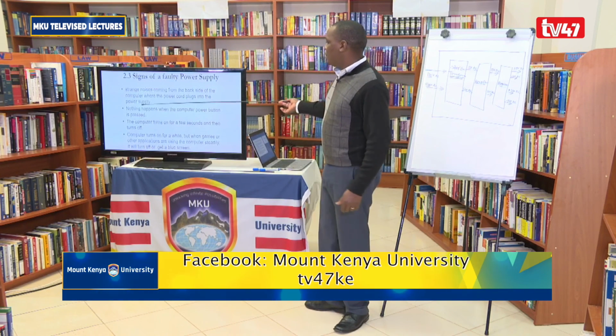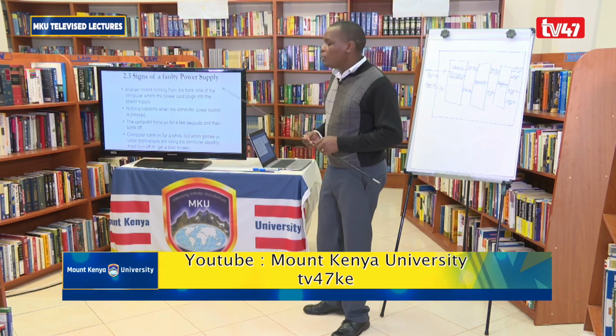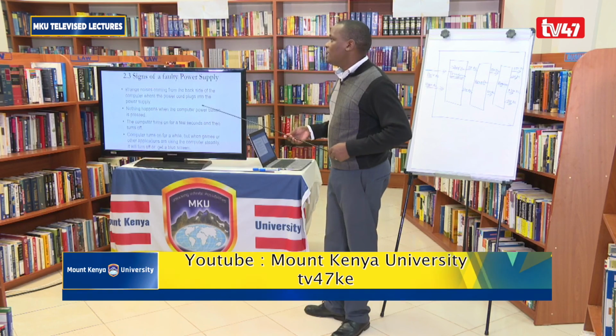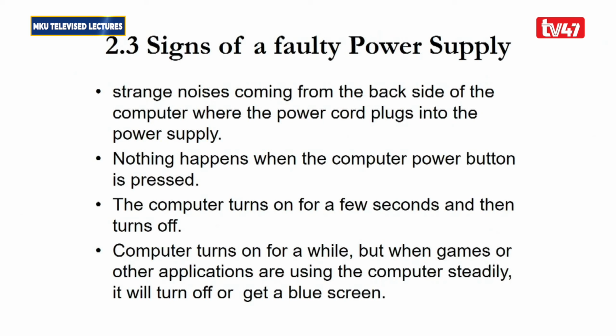In such a case you may either replace the power supply unit, or if you have good knowledge of electricity and magnetism, you can go ahead and open the power supply unit and try to check what could be the problem.